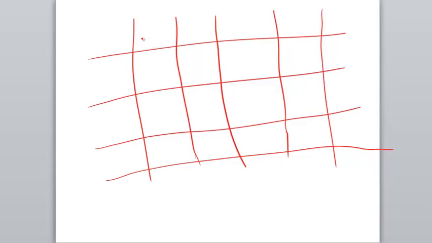Let's say this is sine, cosine, tan, and cotangent. And let's say this is 30 degrees, 45 degrees, and 60 degrees.